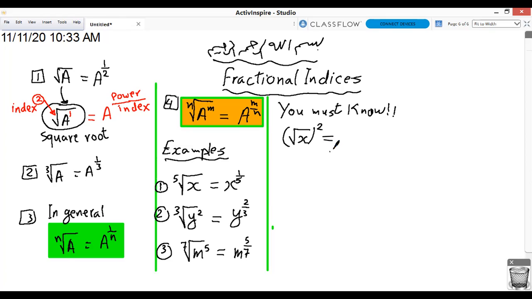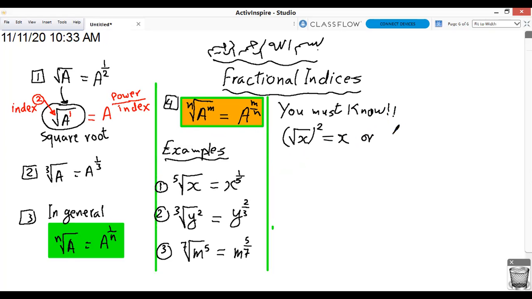I need the result, tell me the result, don't tell me story. X to the 1, x. No need to say power 1. Just the x. Okay. Then if your power equals your index, the root will disappear.